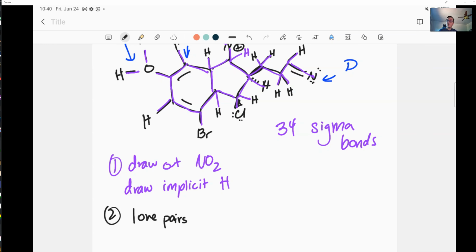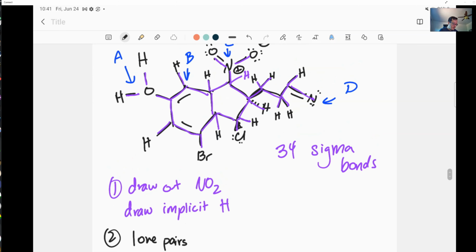And since this question says non-bonding pairs, we're actually going to count the pairs. Beware, if it asks how many non-bonding electrons, then you'd have to double your pairs count, right? Because if you count 5 pairs, that's 10 electrons.